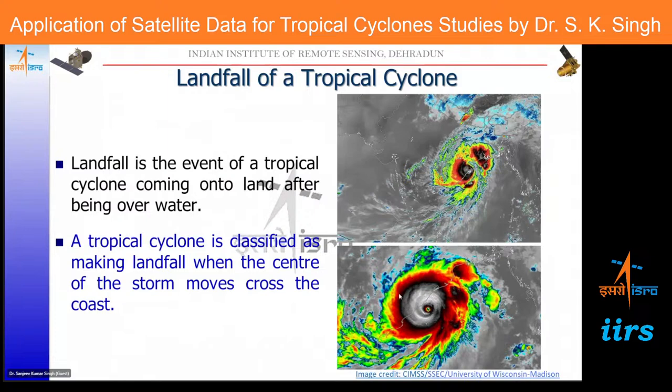Most of the tropical cyclone in the bottom picture is inside the land, but we cannot say this cyclone has made landfall. We can only say so when the eye portion hits the land. So in the top panel, we can say the tropical cyclone had made a landfall, but the lower panel image doesn't show that the tropical cyclone had made a landfall.